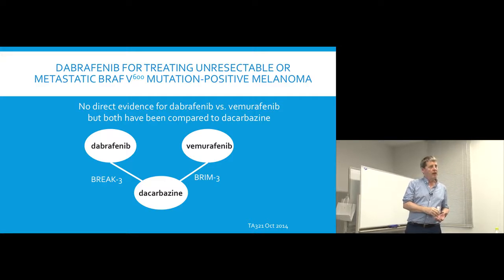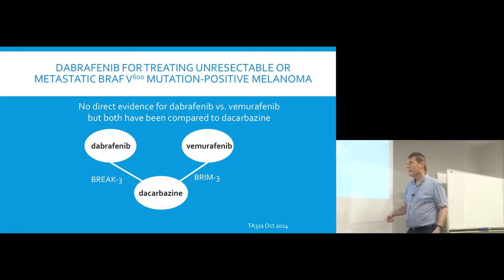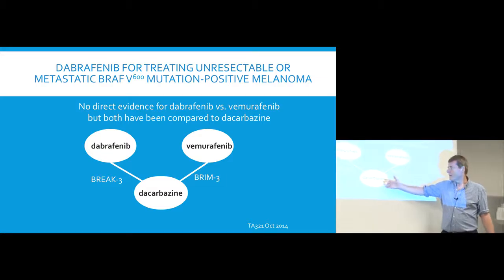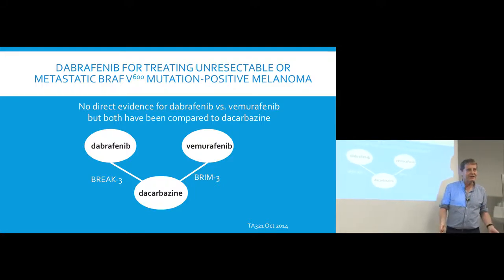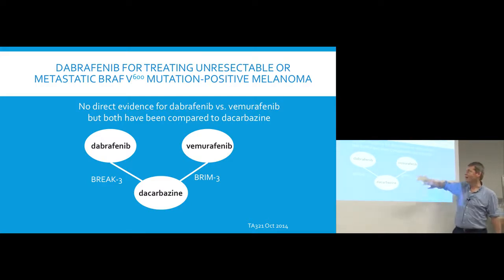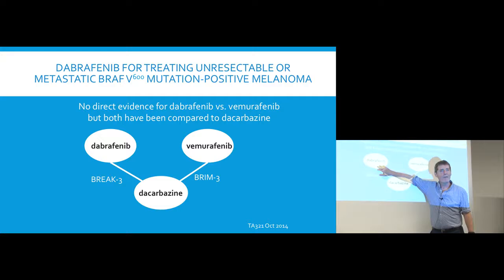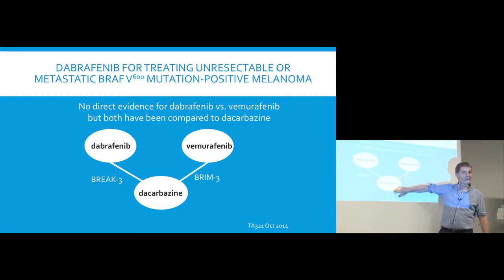There is a problem, however. Can anyone spot it? Well, yes, they had a dacarbazine arm, but remember, it's not the same patients. This wasn't a three-arm study. We didn't randomize patients to vemurafenib, dabrafenib, or dacarbazine.